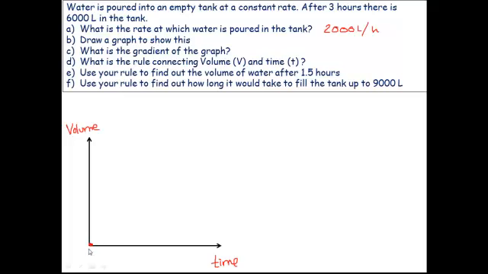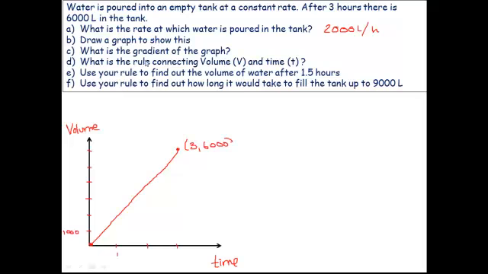And we know that after 3 hours, we'll just go 1, 2, 3, we've got 6,000 liters in the tank. So we'll just mark here 1,000, 2,000, 3,000, 4,000, 5,000, and 6,000. So this point here is our point 3 and 6,000. Okay, because we know it goes through the origin, we can just draw a line like that.